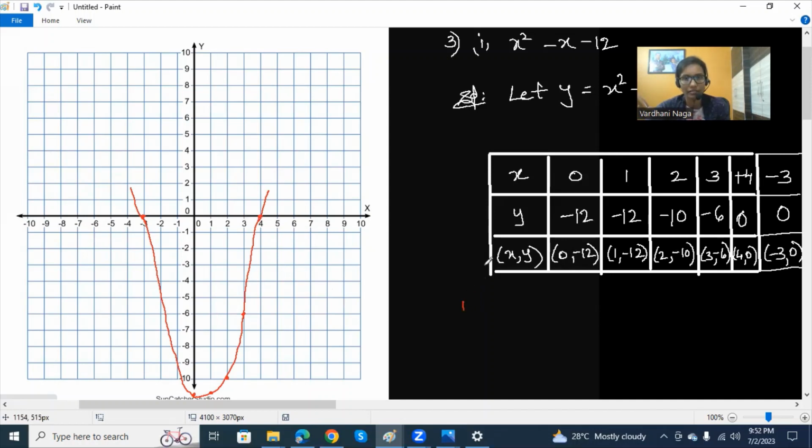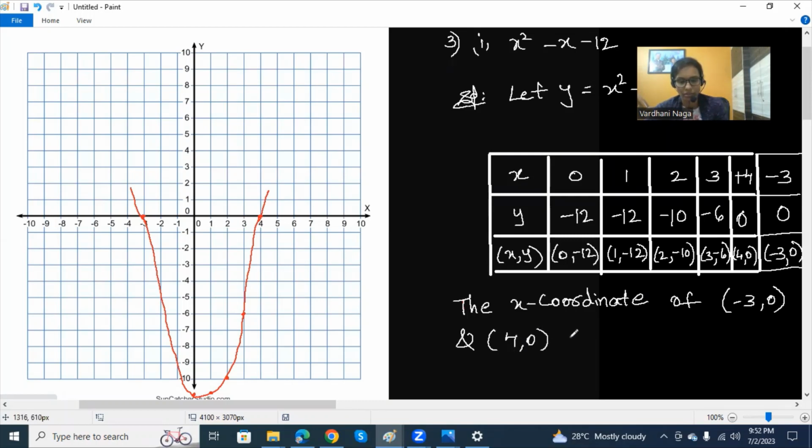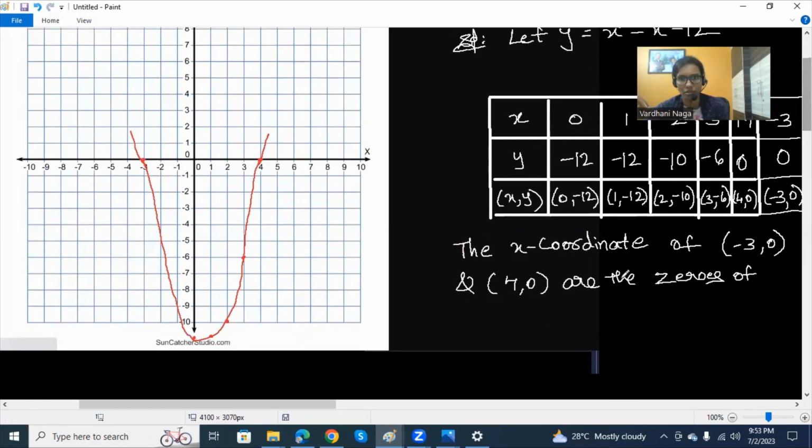The x-coordinates of minus 3 comma 0 and 4 comma 0 are the zeros of the given polynomial.